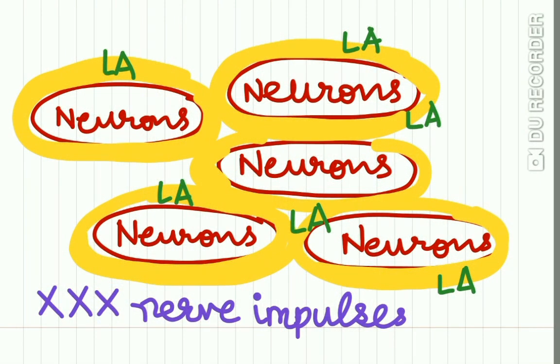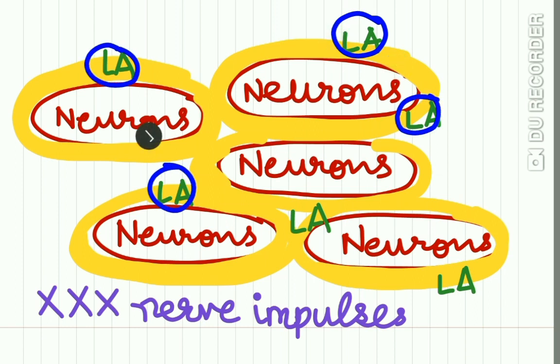Now, how do these local anesthetics work? The local anesthetics block the generation and conduction of nerve impulses at any part of the neuron which they come in contact with. So these are the local anesthetic agents, and when they come in contact with the neurons, they block the generation and conduction of nerve impulses through these neurons.